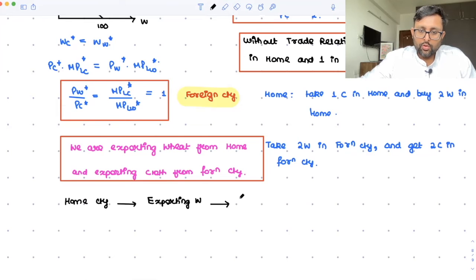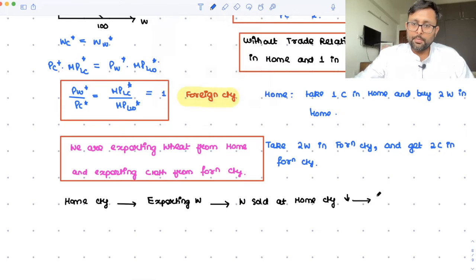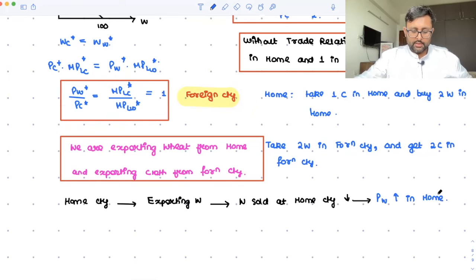So wheat sold at home country falls, right? This will lead to the price of wheat rising in the home country. So the moment your supply is going to fall, there will be the scarcity and the price of wheat is going to rise in the home country.